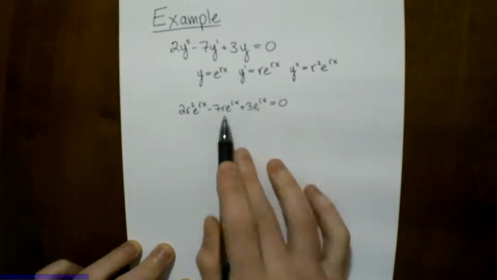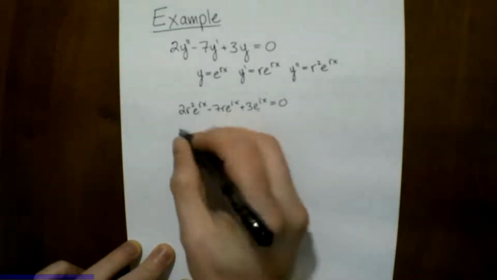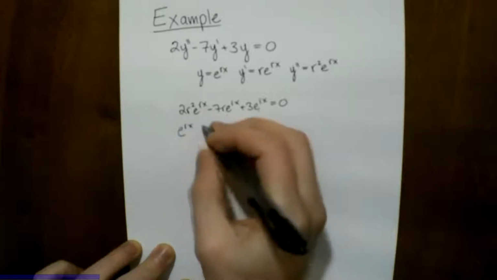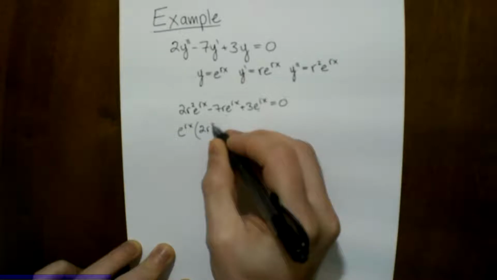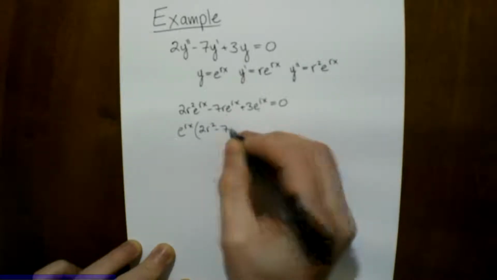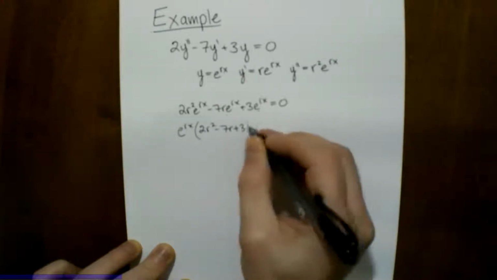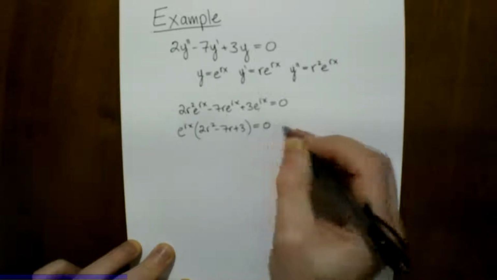And as before, we'll go ahead and factor out the exponentials. So this is then e^(rx) times the quantity (2r^2 - 7r + 3) = 0.